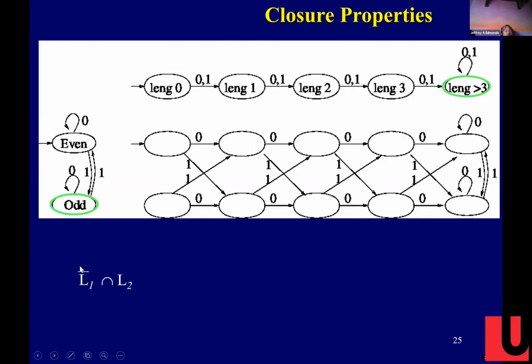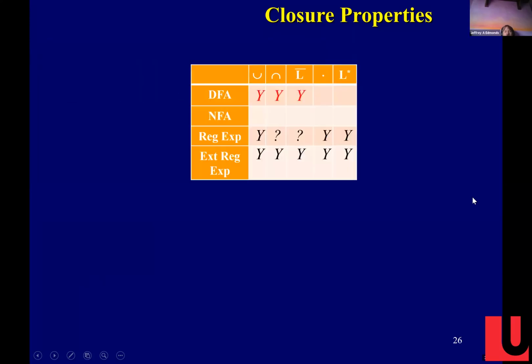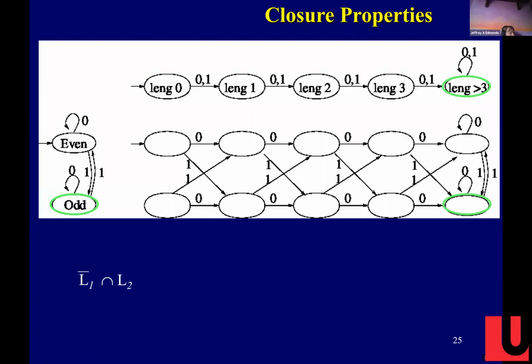So now what happens if I want L1 not true and L2 true? That's an and, so that's this guy. This guy is when L1 is false and L2 is true. We get that one, right? Everybody kind of follow that?